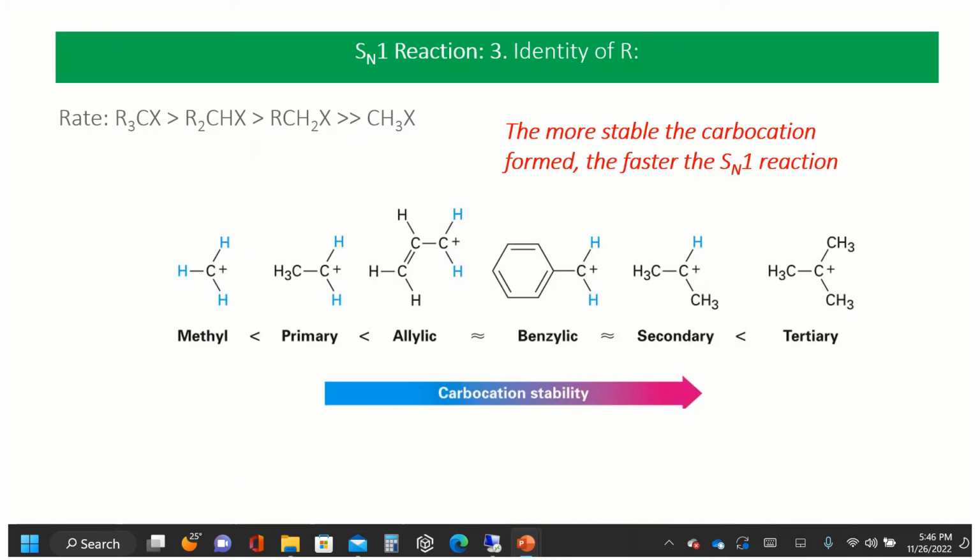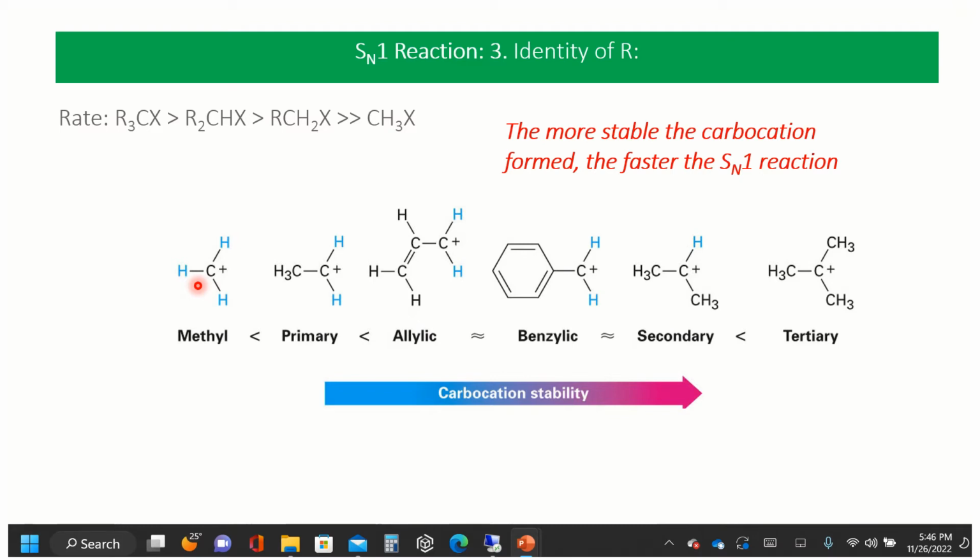So we can look at a set of carbocations, and this is quite informative because, note, the tertiary butyl carbocation is very, very stable, and so this will give you the fastest SN1 reaction, while this is very unstable, so the likelihood of this forming is quite low.